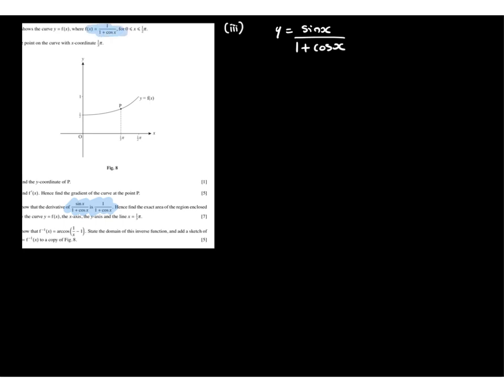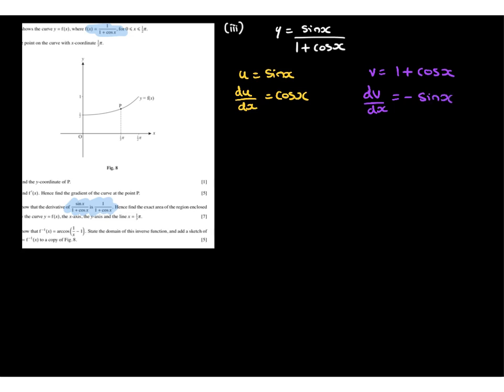So this I would use the quotient rule for. I would set up u equals sine x, and we can differentiate that to get cos x. And then v equals 1 plus cos x, and we can differentiate that to get negative sine x.